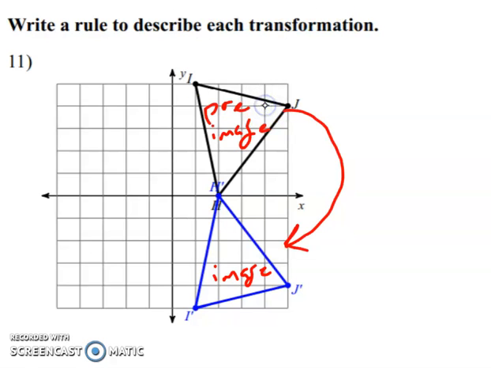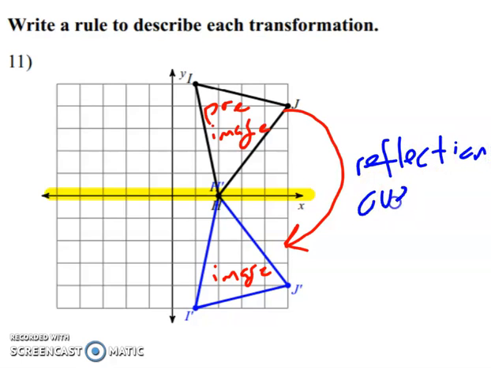So if we just look at it, we can say, oh, the x-axis is going to be our rule here. So it's a reflection over the x-axis.